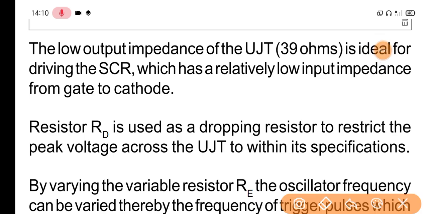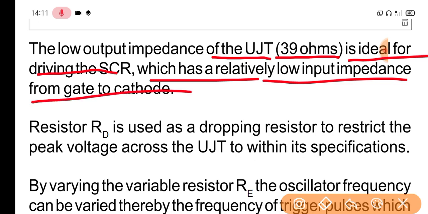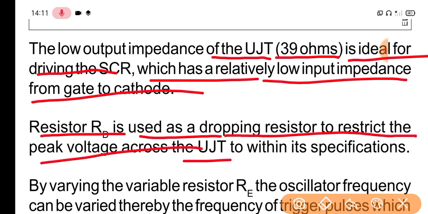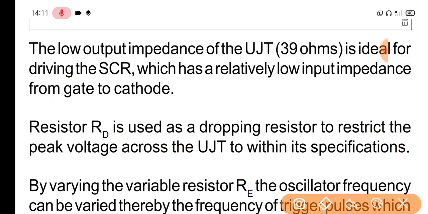The low output impedance of the UJT, 39 ohm, is ideal for driving the SCR, which has relatively low input impedance from gate to cathode. Resistor RD is used as a dropping resistor to restrict the peak voltage across the UJT to within specification.